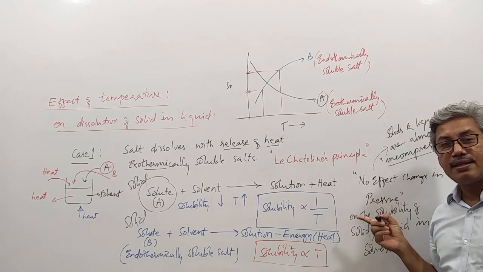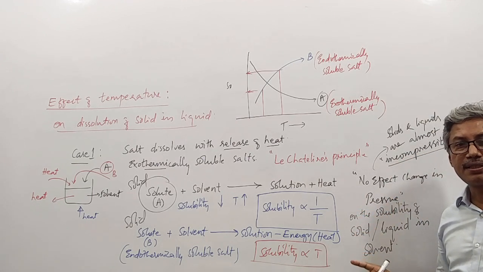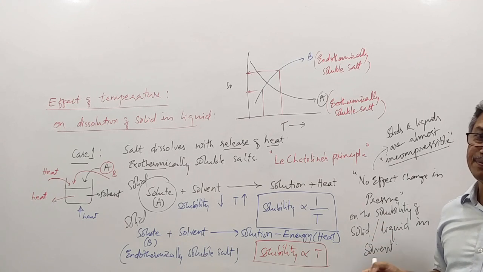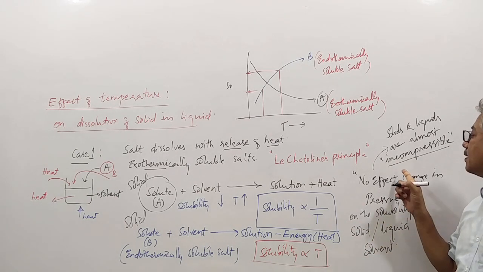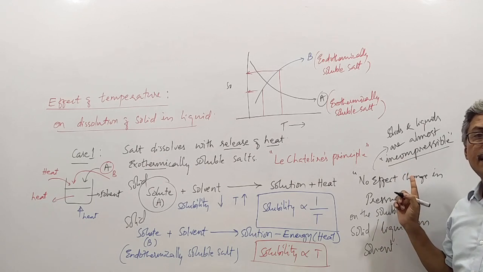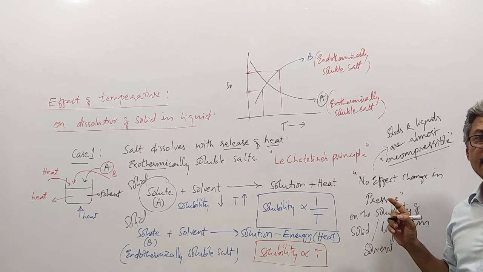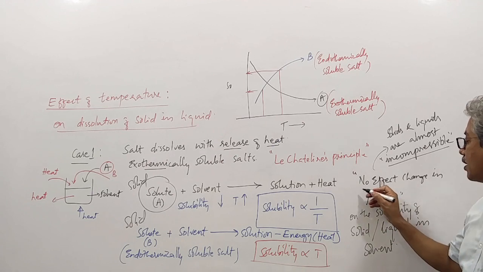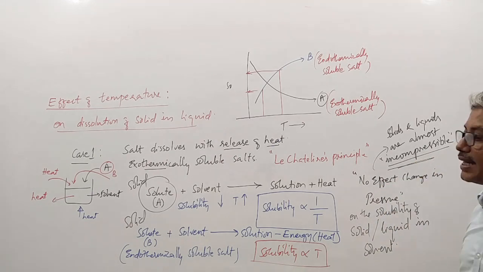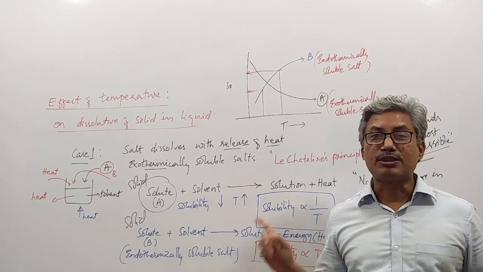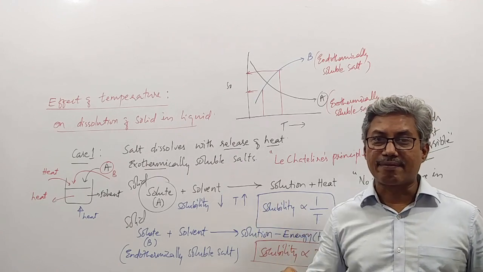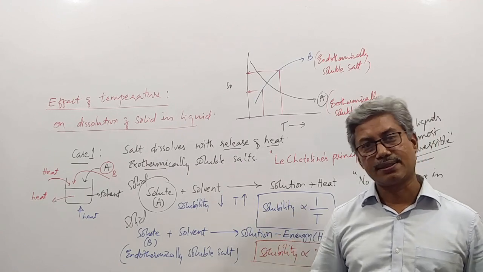See students, why does change in pressure not affect the solubility of a solid or a liquid in solvent? Because solids and liquids are mostly incompressible. Because of this incompressible nature, there is no effect of change in pressure on the solubility of a solid in liquid or liquid in liquid. Clear students?